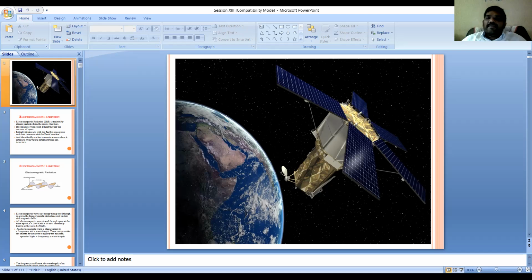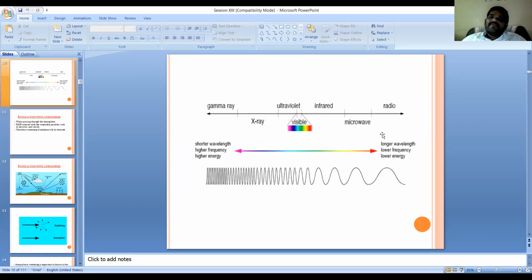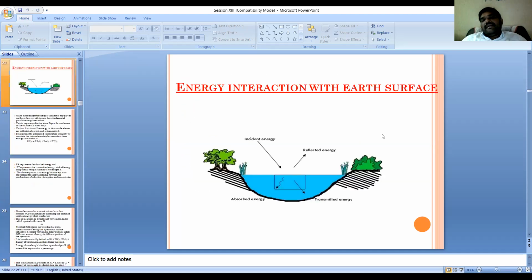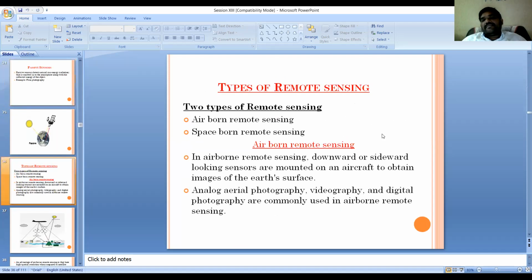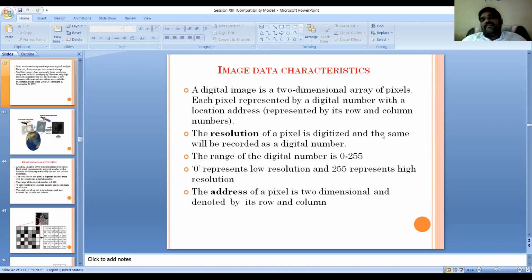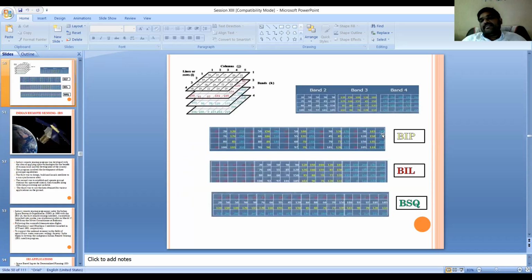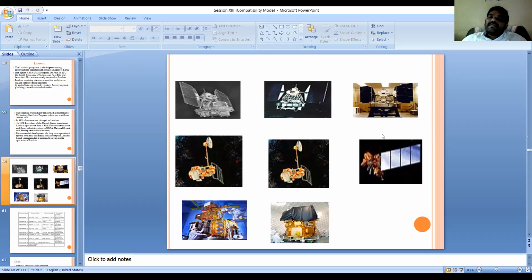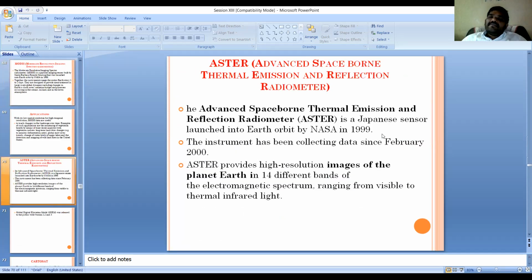One is visual image interpretation techniques, or else elements of visual image interpretation. There you discuss how the spatial data will be interpreted by the analysts with the help of key elements.